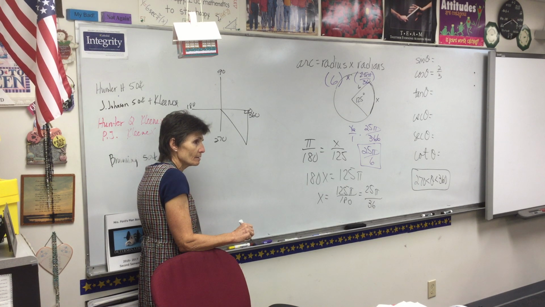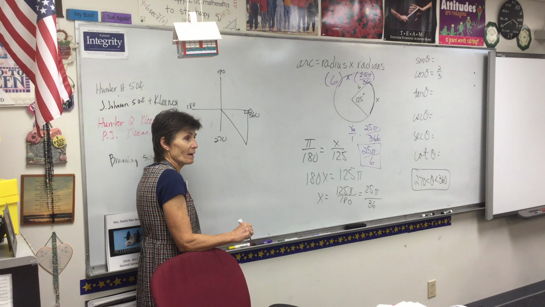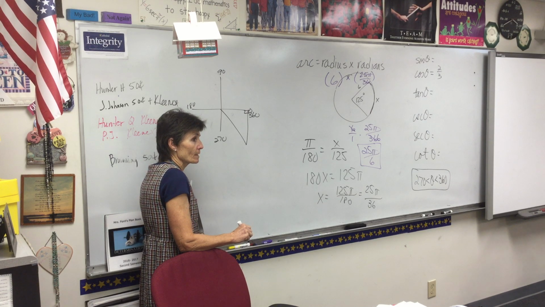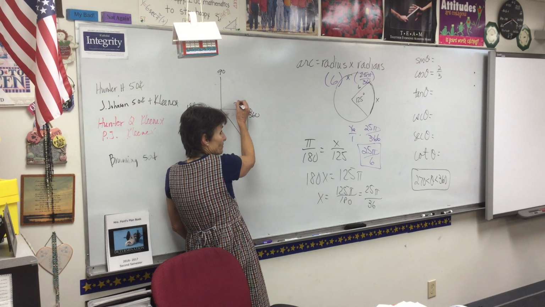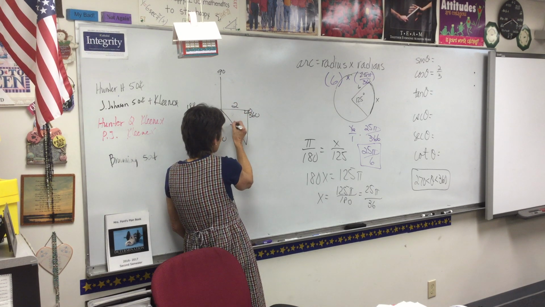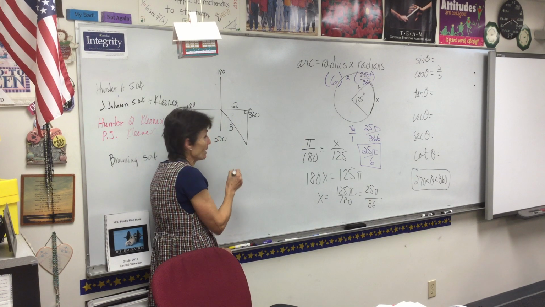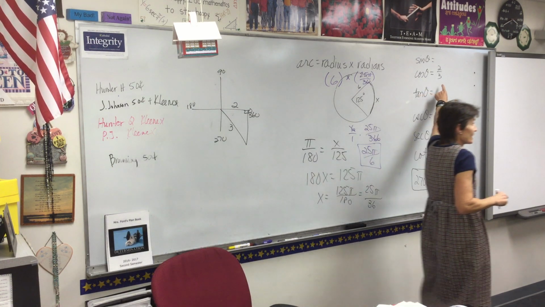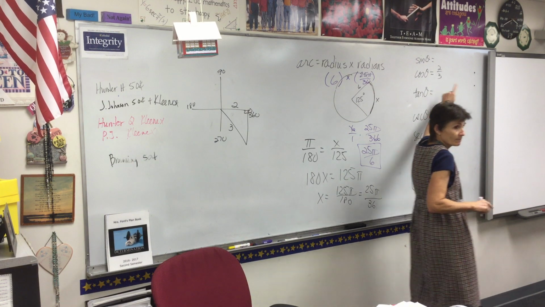You okay? Yeah. Okay. And what do we know about angles in quadrant 4? We know this will be positive and this will be positive. Yes. And why did I label adjacent and hypotenuse? Because they gave me cosine. Yes.